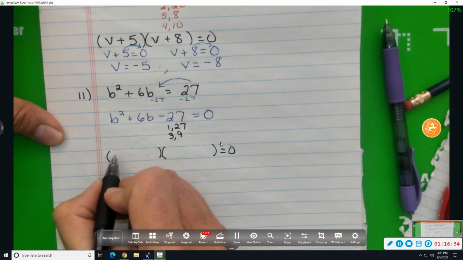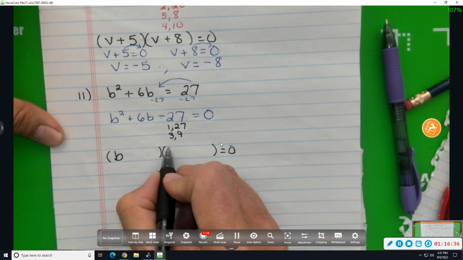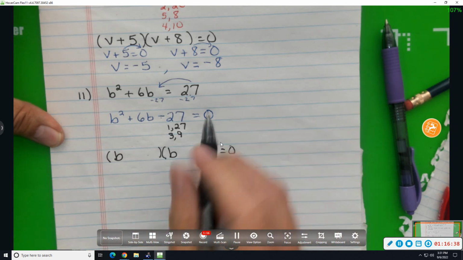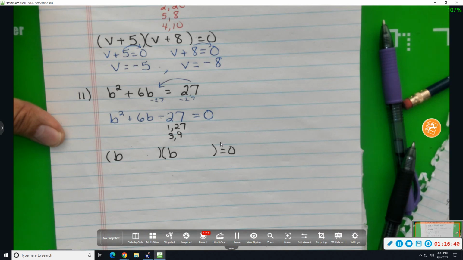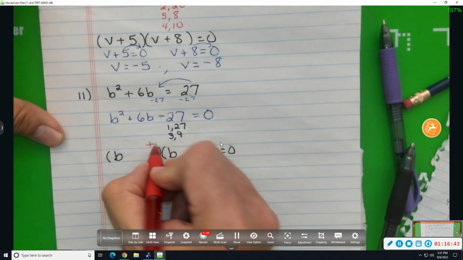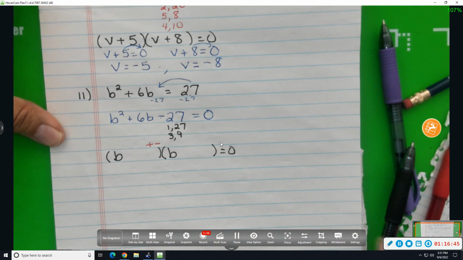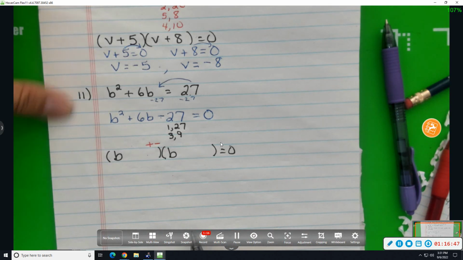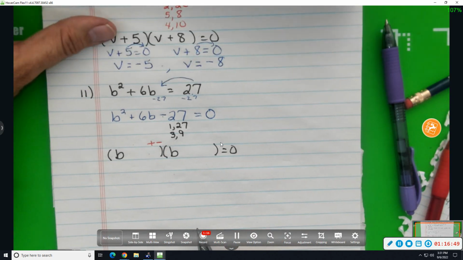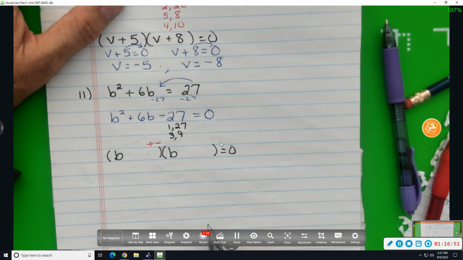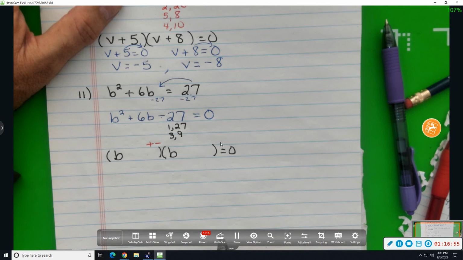So I'm going to put a b here and a b here. You already said there's a plus and a minus, so I'll wait to figure that out. What do y'all think we should try? The 27 or 3 and 9? 3 and 9.